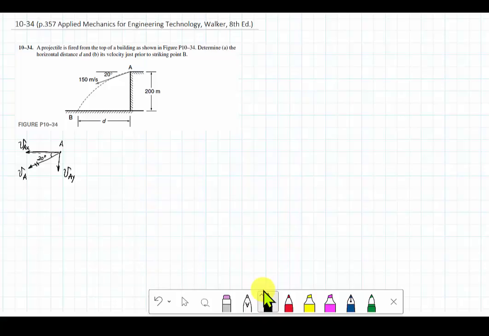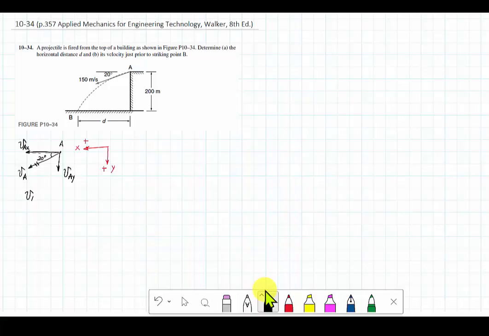So therefore, I will define the coordinate system such that left is the positive x direction, and down is the positive y direction. So this is my x, this is the y. Now let's calculate VAX and VAY together.